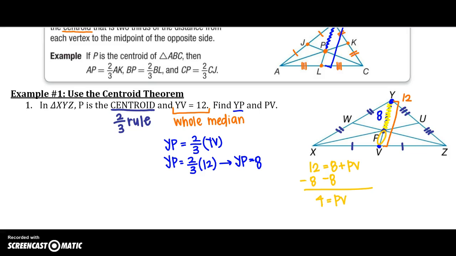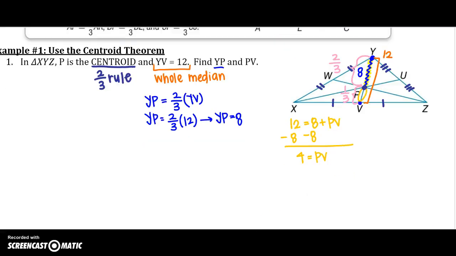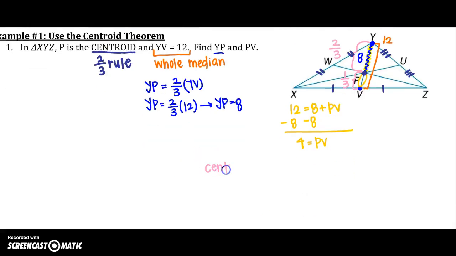Another way you might think of this is when you think, oh, well, the top part is 2/3, so the bottom part must be 1/3 to make up that whole length. So from our centroid to the midpoint, which in this case would be PV, I would finish that off by saying, I'm so sorry again, it is 1/3.